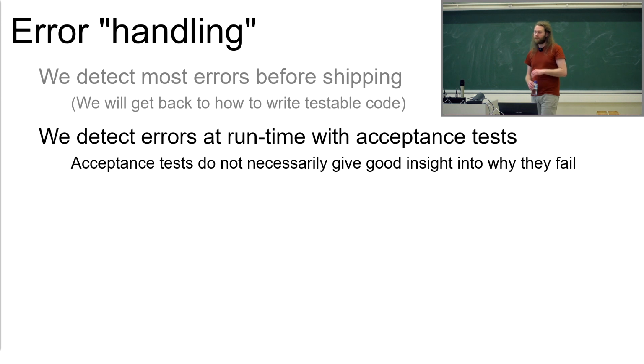The thing with acceptance tests is, because they just say, yeah, this doesn't look good enough, they don't necessarily give you good insight into exactly why it ended up being not good enough. Kind of backtracing the function in order to find out why exactly this gave you the wrong result or an unacceptable result. Programming that in such a way that it gives you good enough insight that you can conditionally find out the appropriate response at runtime, that's a hard problem to solve.